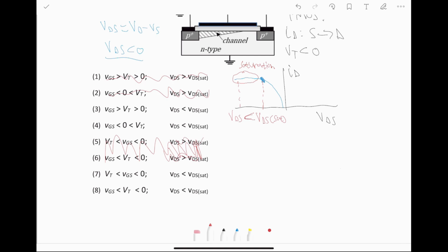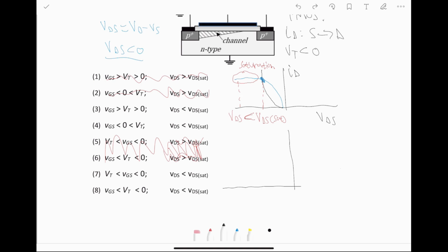Okay, now we have 4 remaining possible solutions, and our remaining inequality looks at VGS. So I'm going to do the same thing and draw another IV curve. This time I'm going to look at the gate voltage IV curve. If you remember from class, it kind of looks like that, and it goes through the saturation points.